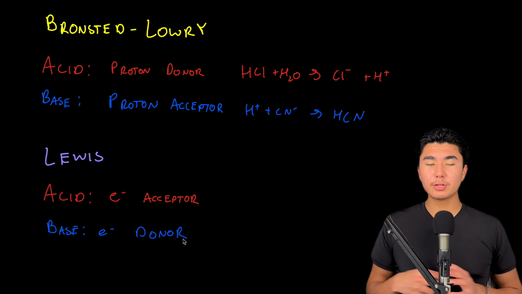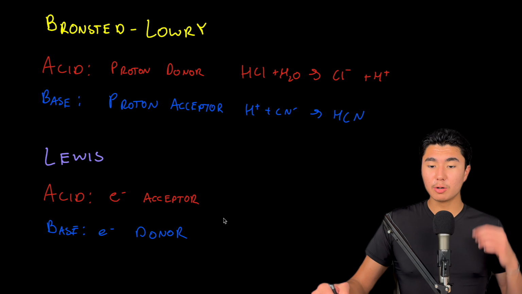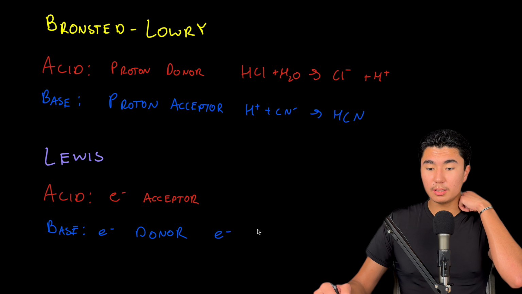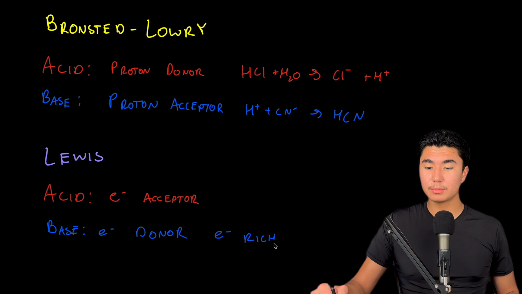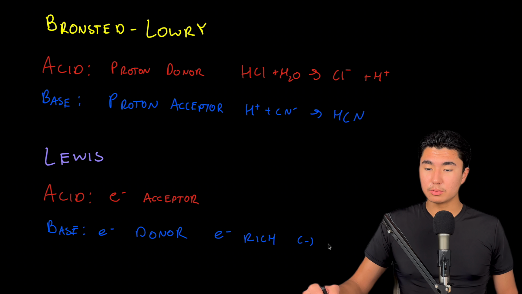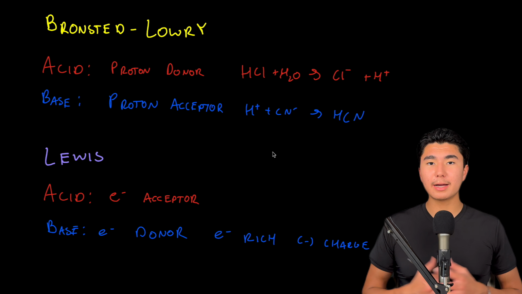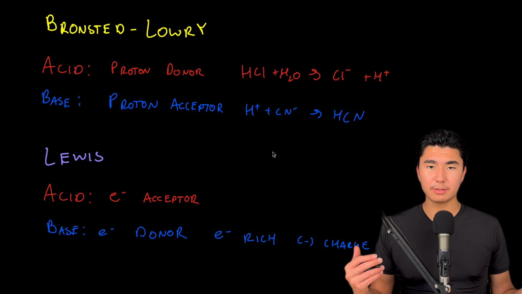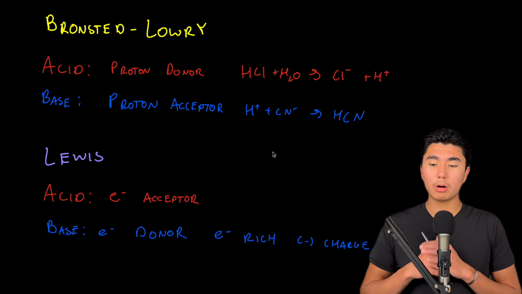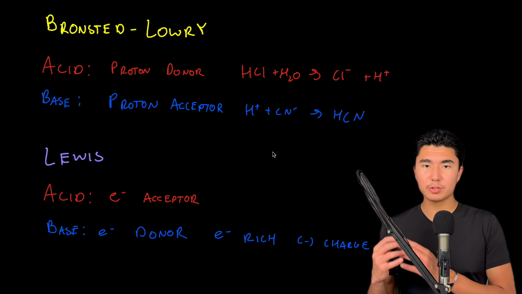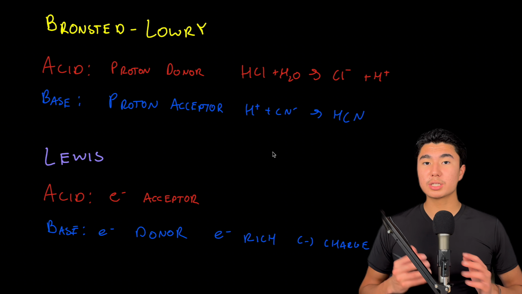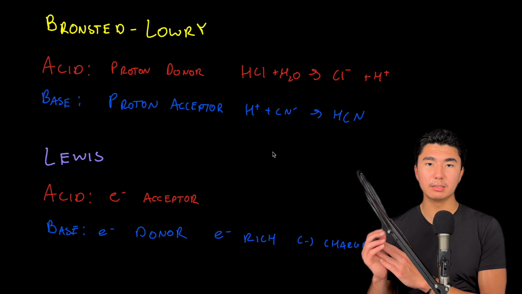Now, to identify your Lewis acids and Lewis bases, your bases are usually going to be electron rich. So they might even have a negative charge, which implies that we are electron rich. With Lewis acids, we're usually going to have a positive charge, but if you don't have that, you're always going to see at least one of those molecules have a negative charge or some lone pairs, which indicates that that's a Lewis base.